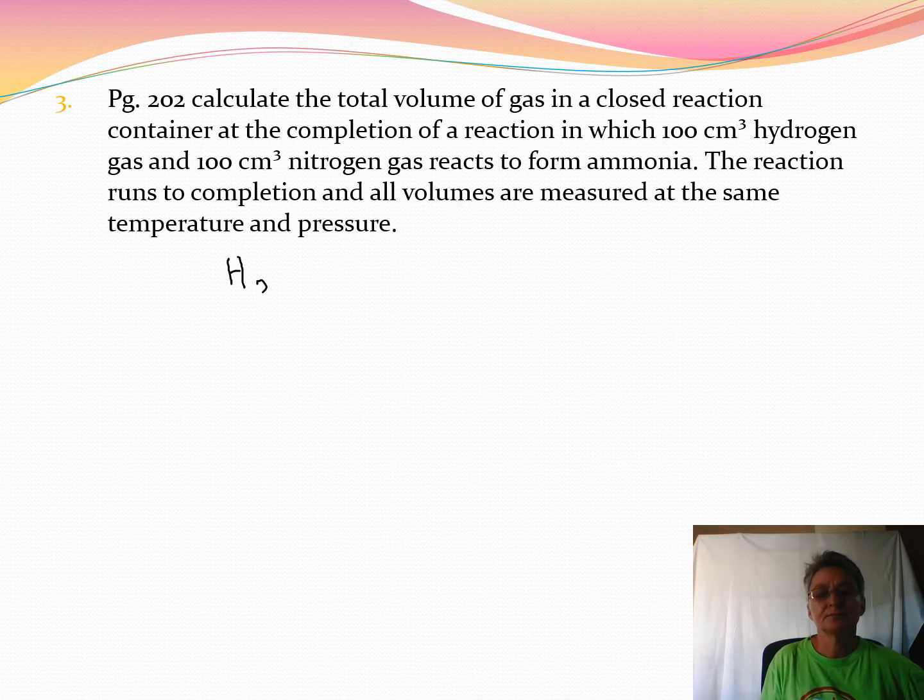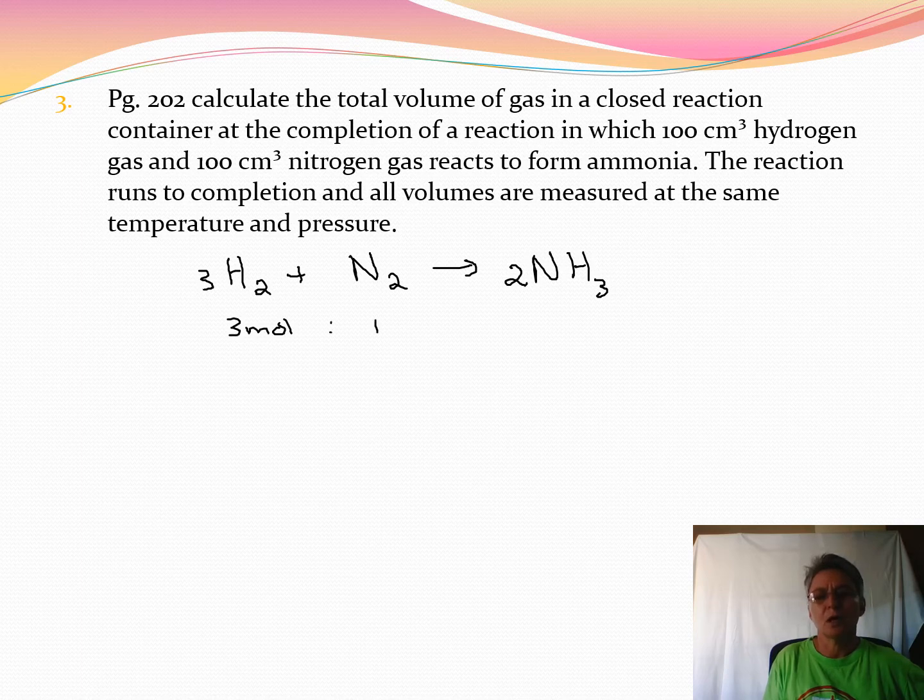Hydrogen reacts with nitrogen to form ammonia, and to balance the equation we need to multiply hydrogen by 3 and ammonia by 2. So 3 moles of hydrogen reacts with 1 mole of nitrogen to form 2 moles of ammonia.